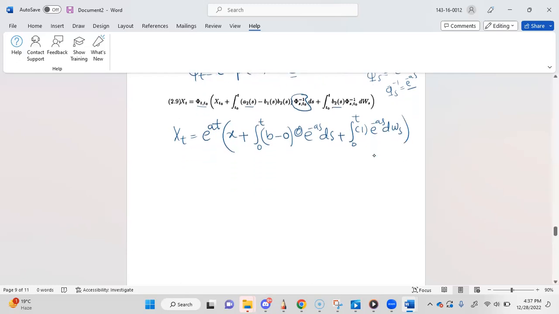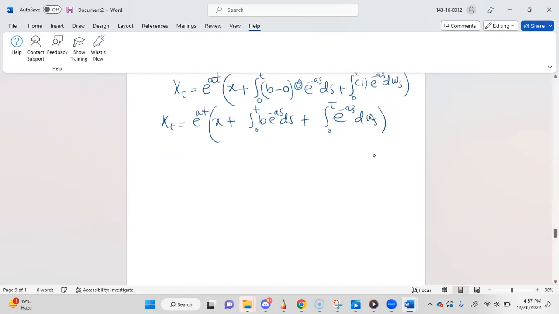So your x of t is going to be e to the at times x plus the integral from 0 to t of b e to the minus as ds plus, if you remember, we are where we needed to be. So you just integrate this.